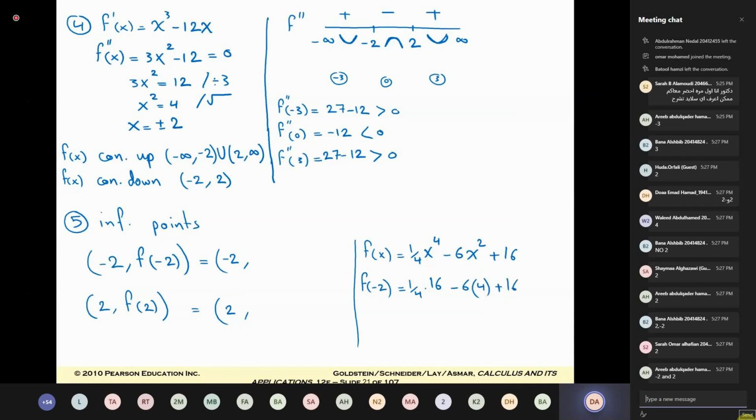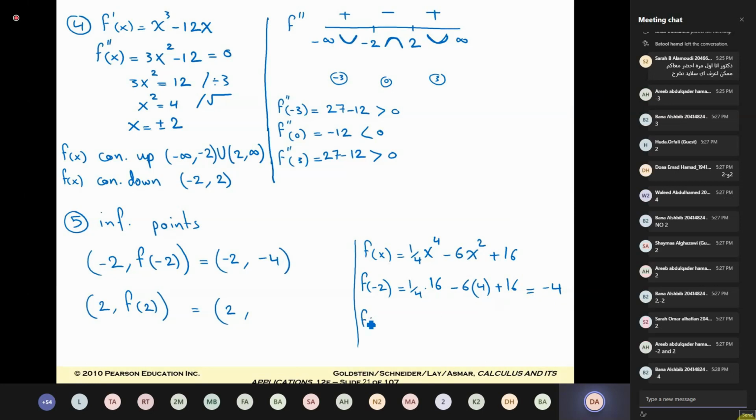So this equals negative 24 plus 16. We have minus 8 plus 8. This is negative 4. And f of 2 is also the same: 1 over 4 multiplied by 16 minus 6 multiplied by 4 plus 16. This is also equal to negative 4. These are the two inflection points: minus 2, minus 4, and 2, negative 4.